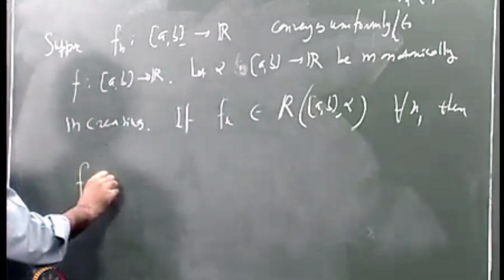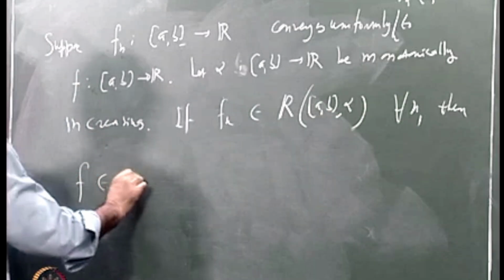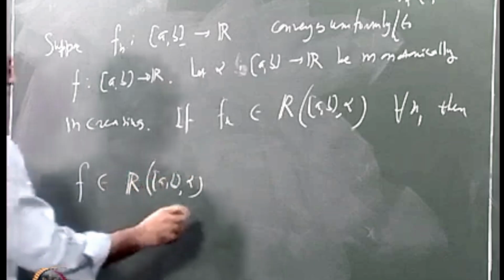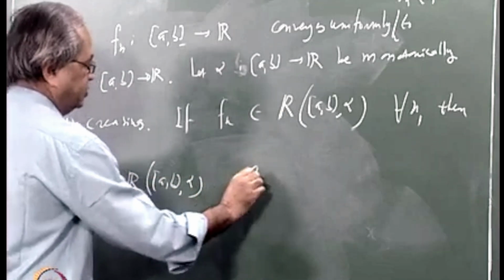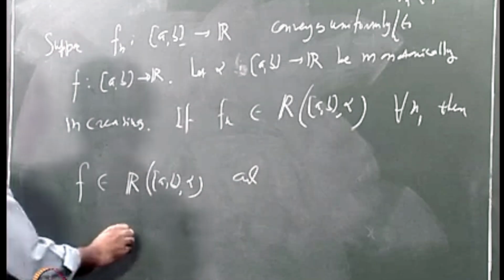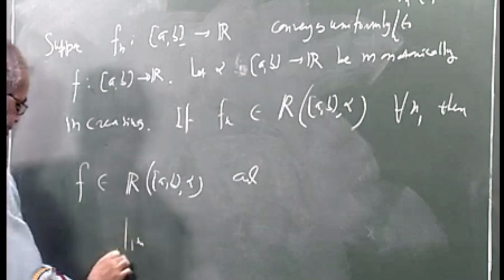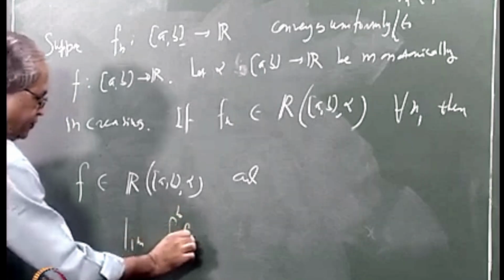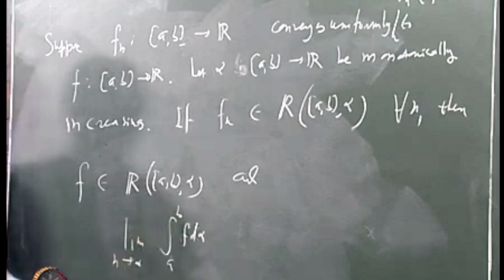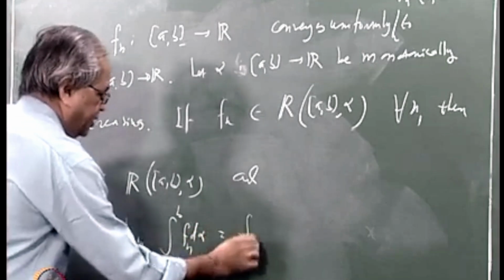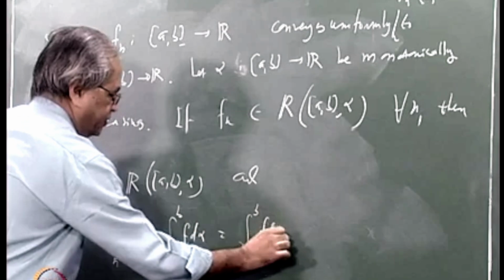f is also Riemann-Stieltjes integrable and the limit as n tends to infinity of the integral from a to b of fn d alpha is the same as the integral from a to b of f d alpha.